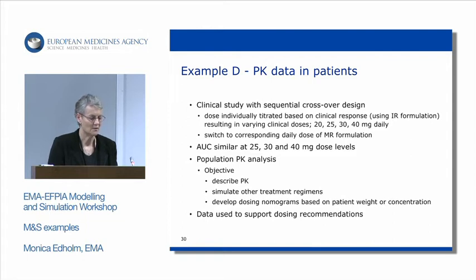And this was applicable both for the immediate release formulation and for the modified release formulation. And these data were evaluated also by population PK analysis, which had an objective to describe the PK, to simulate other treatment regimens, and to develop dosing nomograms based on patient weight or concentration. And these data were used to support the dosing recommendations.